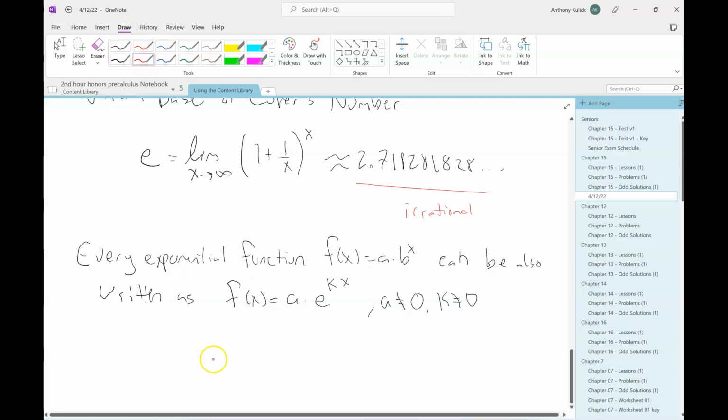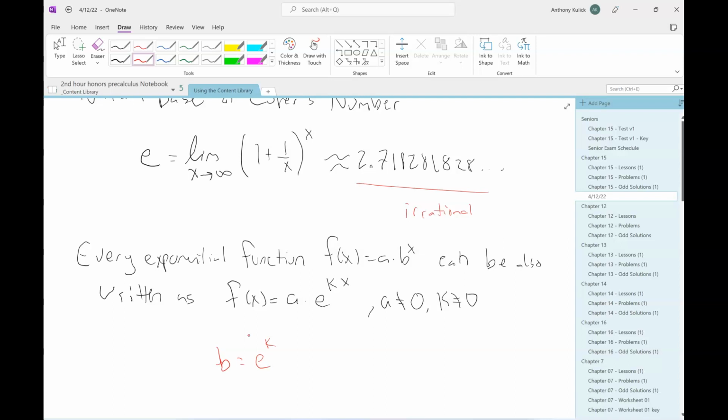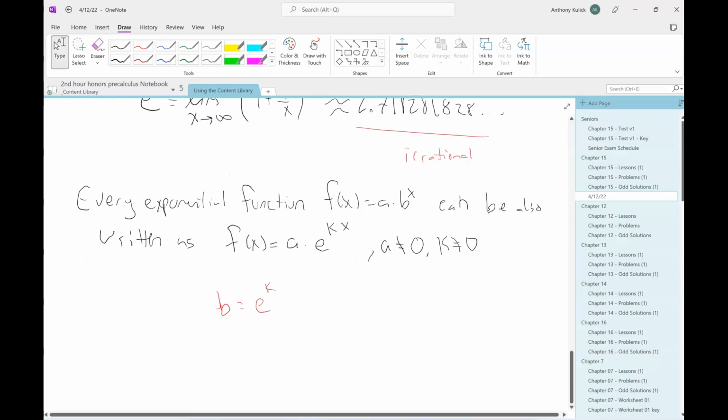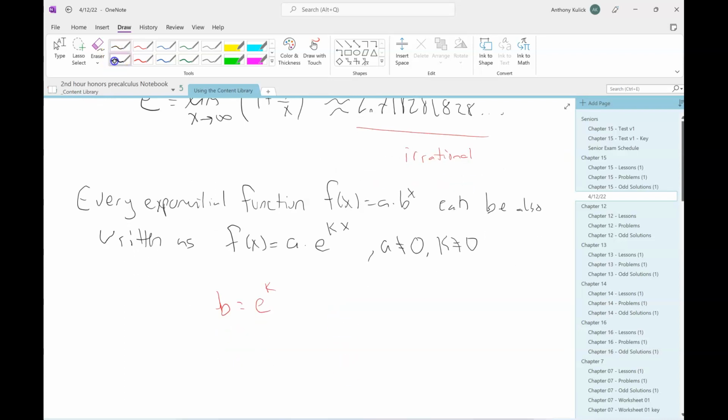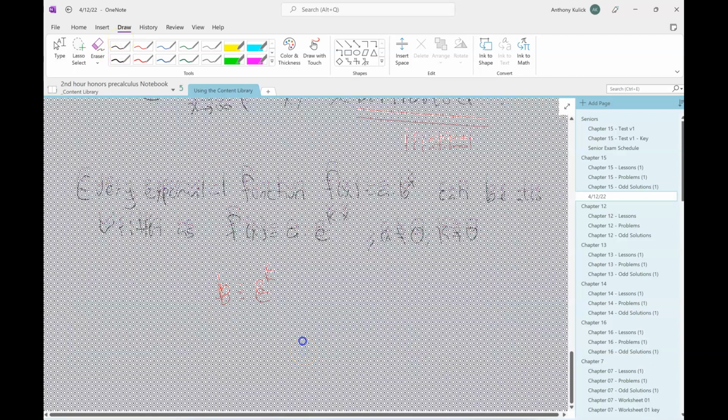Basically what we're saying here is that we're going to find some exponent k such that b is the same as e to the k when we do this. Okay.